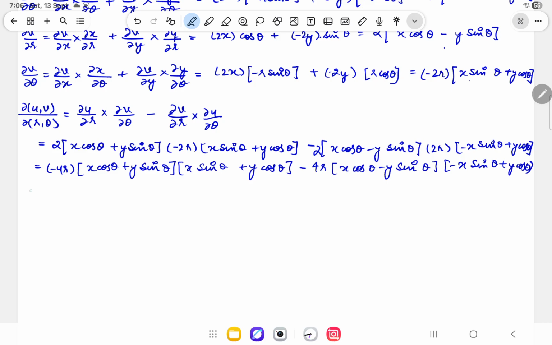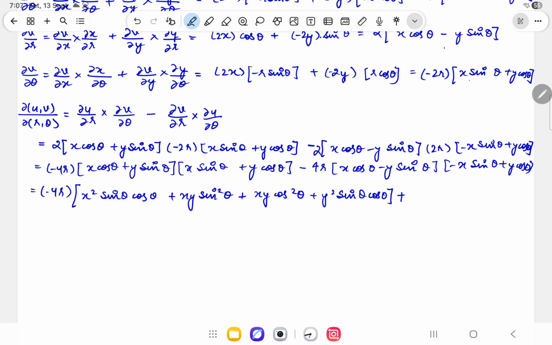So I can take minus 4r common, and if I take the product I'll be getting x square sin theta cos theta plus xy sin square theta plus xy cos square theta plus y square sin theta cos theta, plus minus x square sin theta cos theta plus xy sin square theta and plus xy cos square theta and minus y square sin theta cos theta.